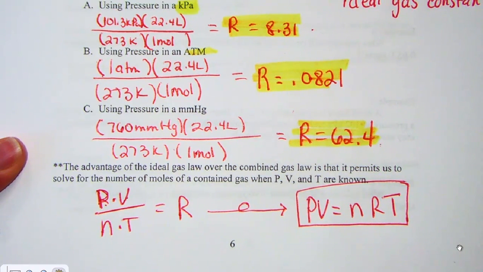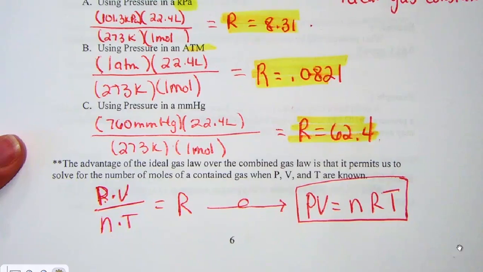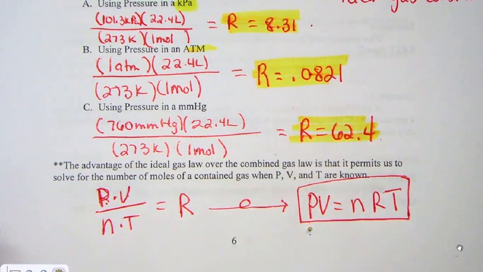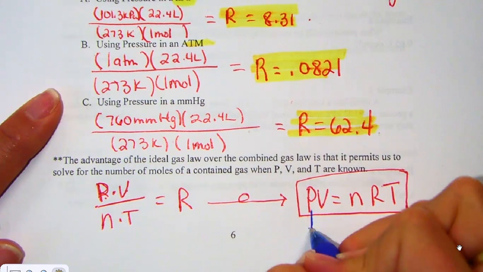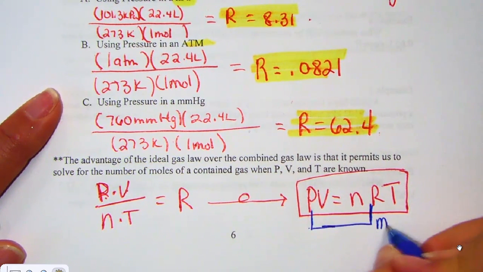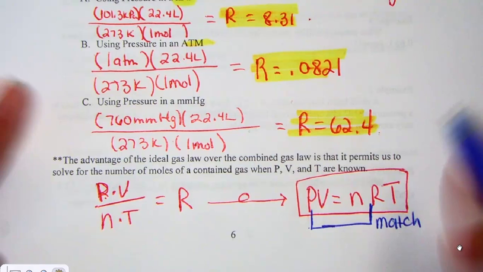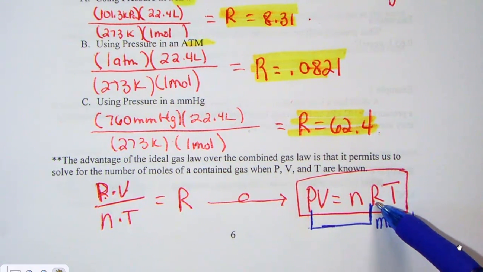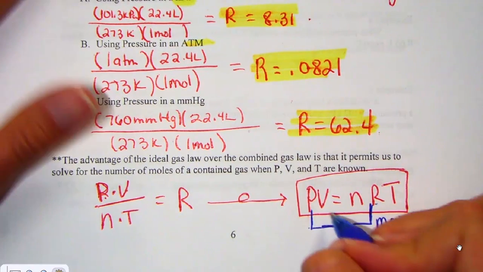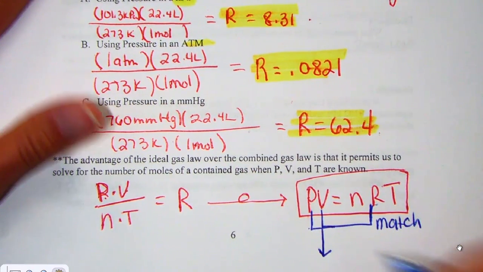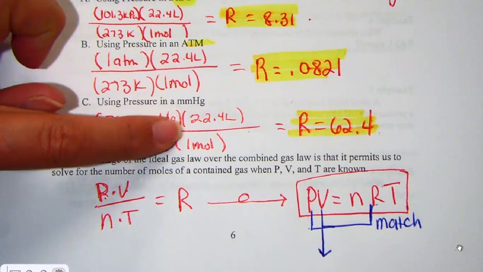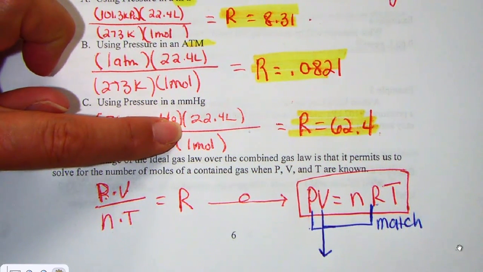Now, a couple of things before we turn the page and actually try an example. Let's make some important notes. Pressure and the R must match. So whatever the pressure unit is, be sure that you're placing in the appropriate R constant. There's another thing we've done, and that was to volume. Every time we solve for the R constant, we put in a liter unit.